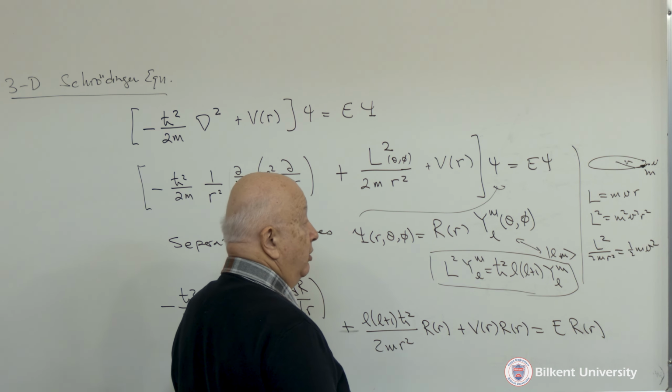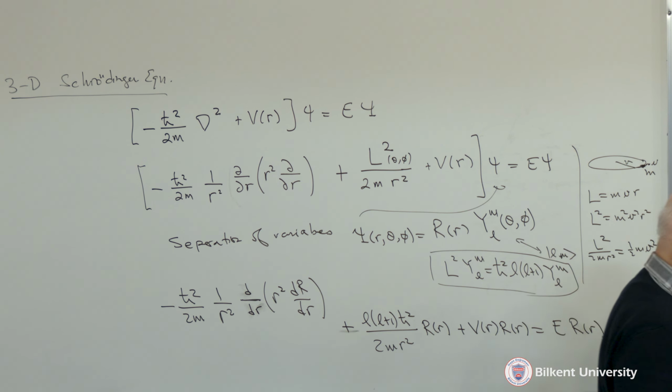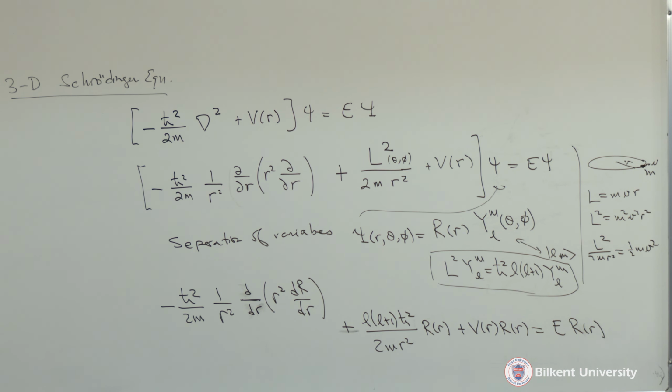So this is the form of the Schrödinger equation when I factor out the angular dependence.